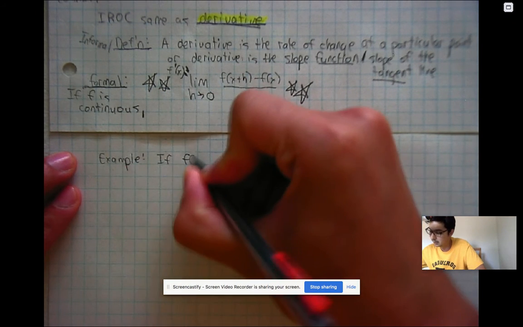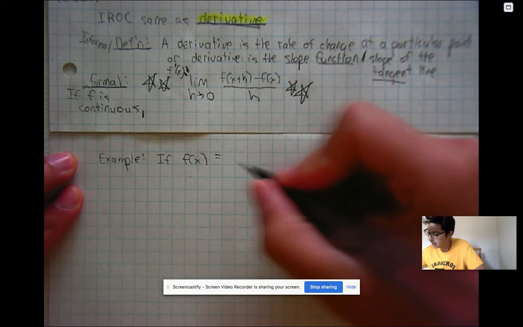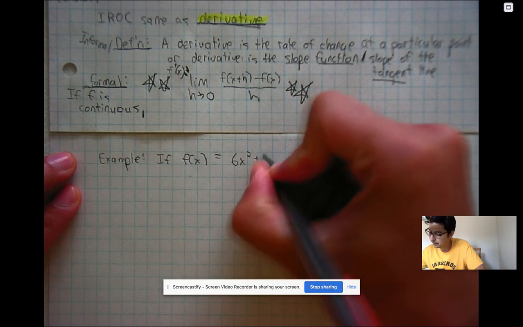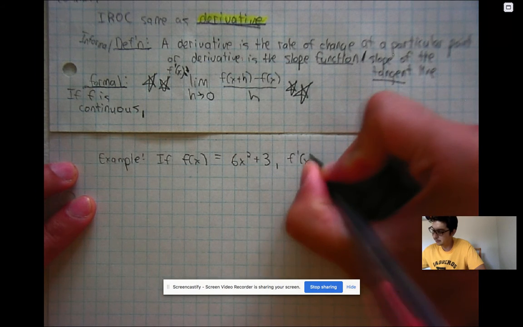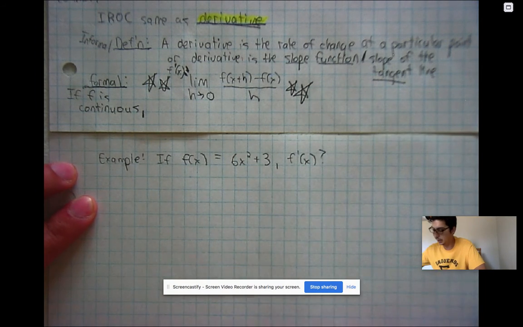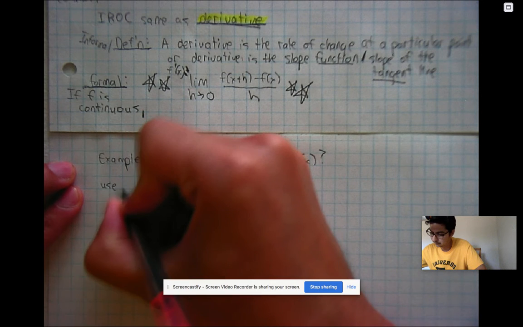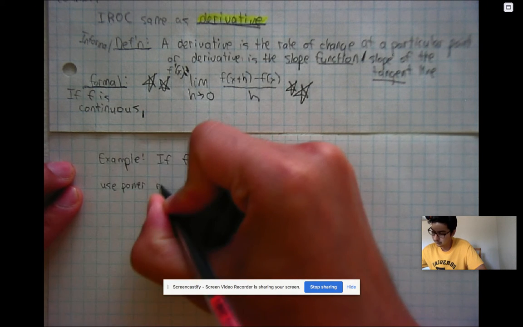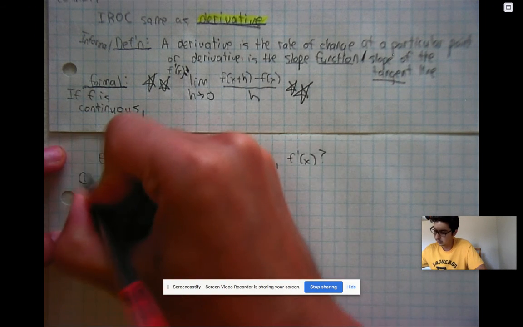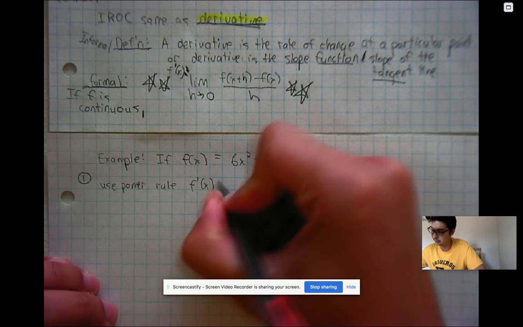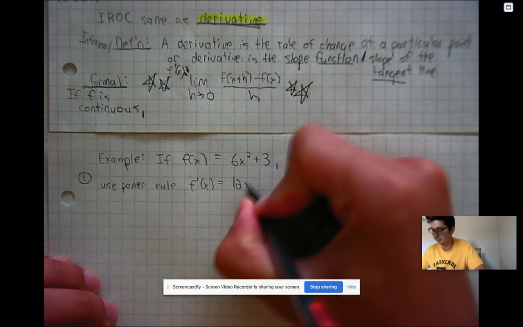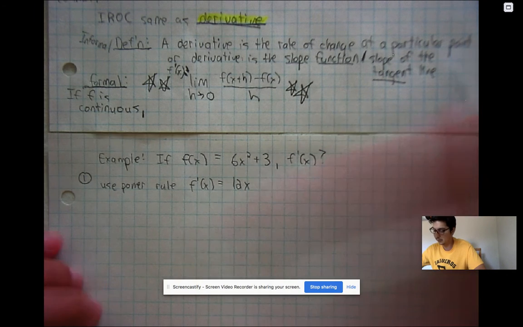If f of x is equal to 6x squared plus 3, what's f prime of x? Right. Now, we can use the power rule. That's one approach here, because it's a polynomial, in which we get f prime of x is equal to 12x, and that's it. And that works.